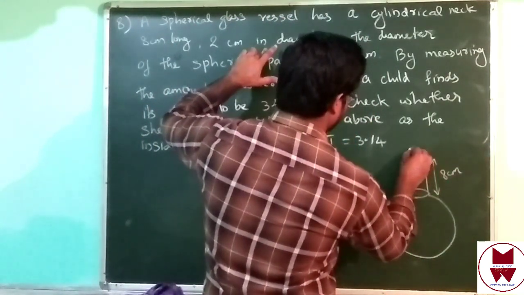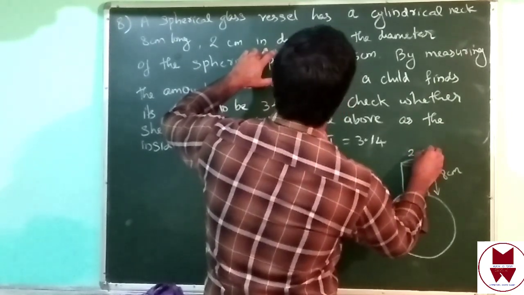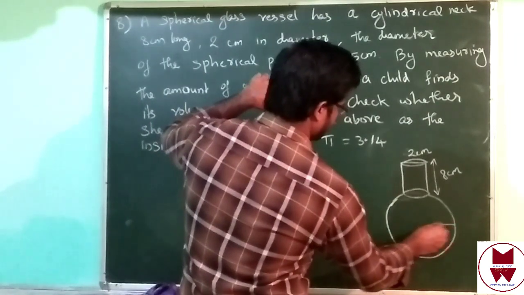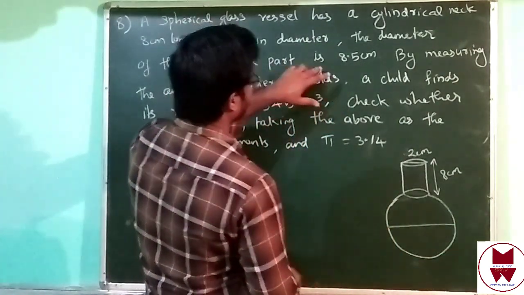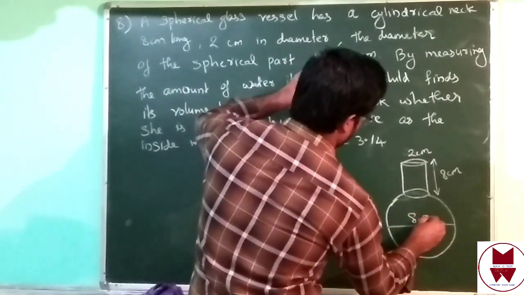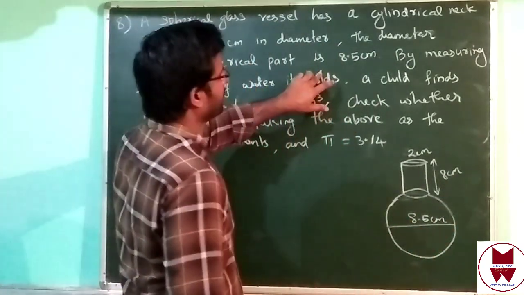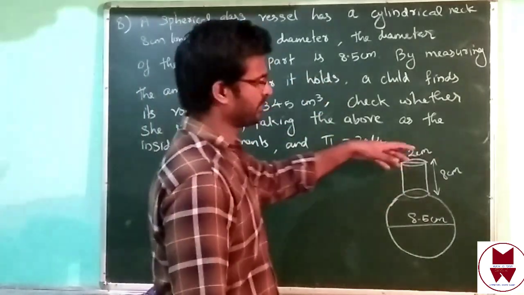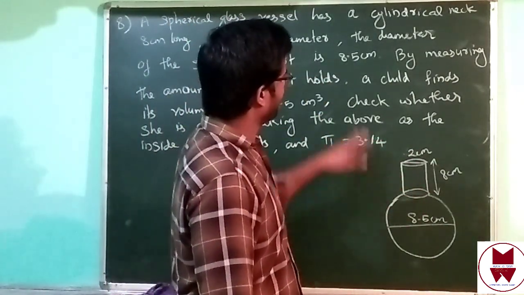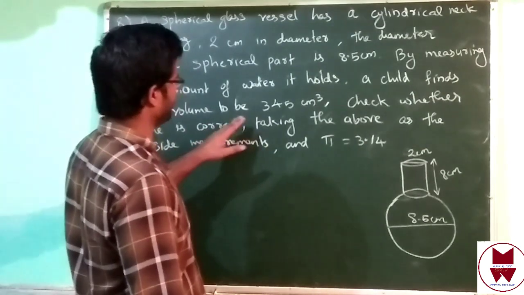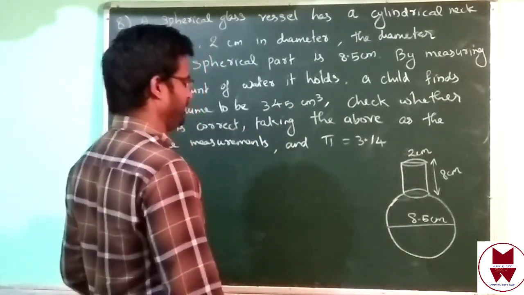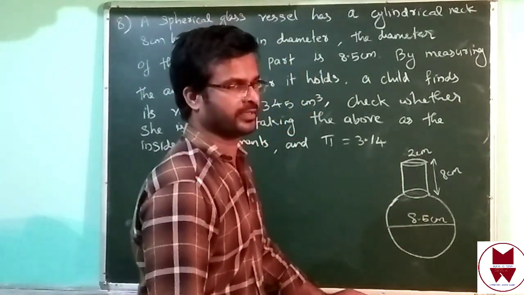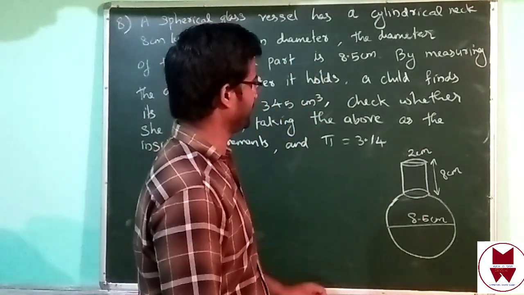Okay, total diameter is 2 centimeter. The diameter of the spherical part, this part, is 8.5 centimeter. By measuring the amount of water it holds, a child finds its volume to be 345 centimeter cube.